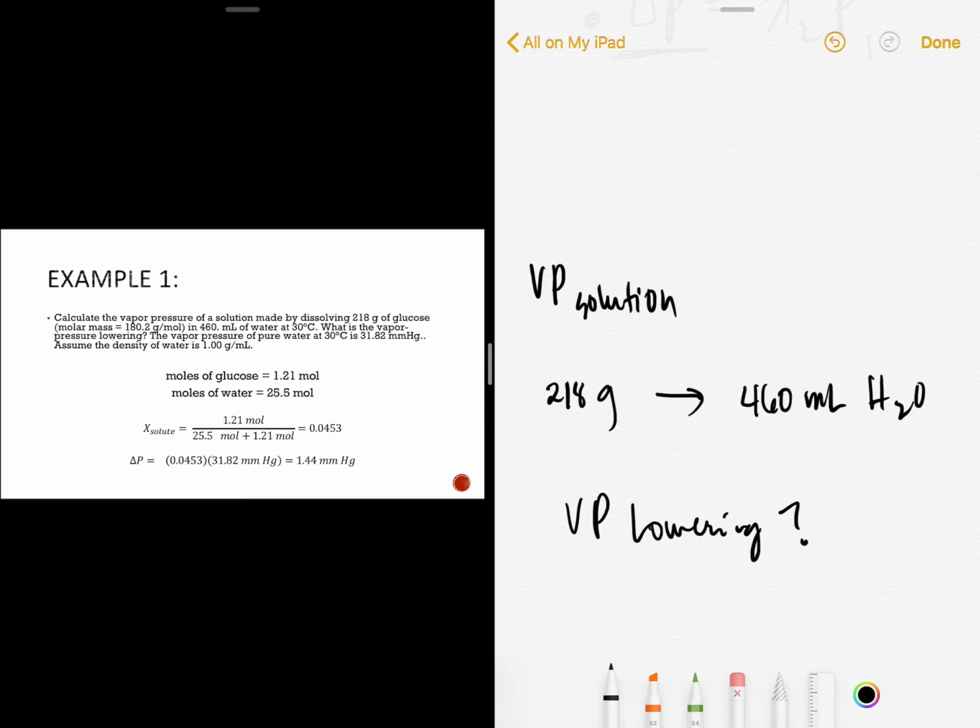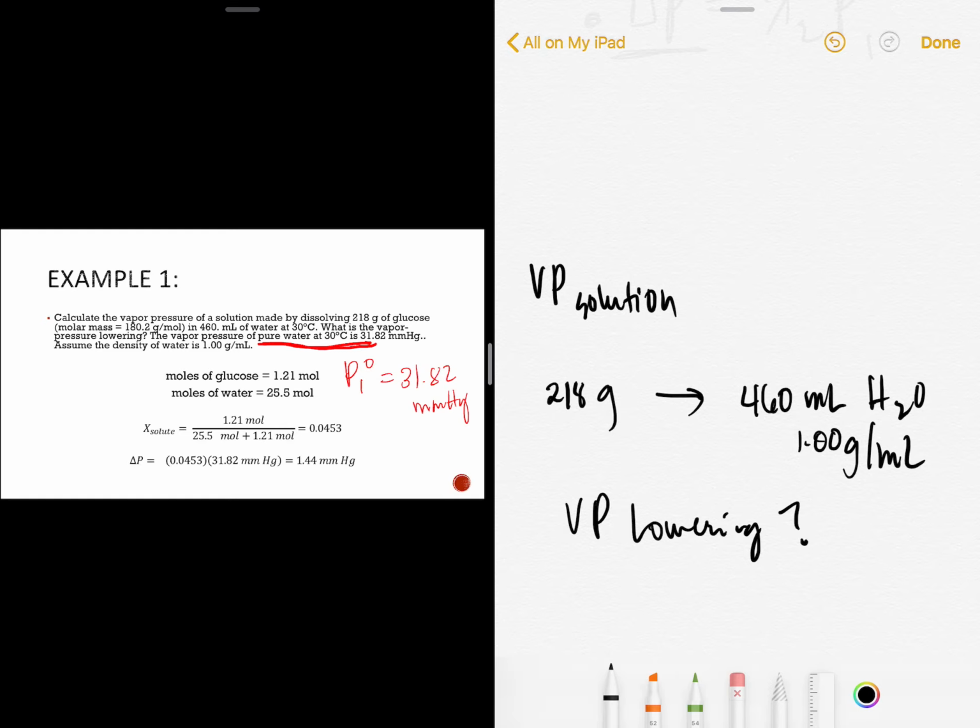The vapor pressure of pure water, so when you see this term pure, that means that is P1 naught. Automatic ha? Siya yung may naught kasi siya yung pure. It is at 31.82 millimeter mercury. Assume the density of water is 1 gram per ml. Okay. Now, you are given the density of water, it's 1 gram per ml. Lahat yan magagamit ninyo later, no?